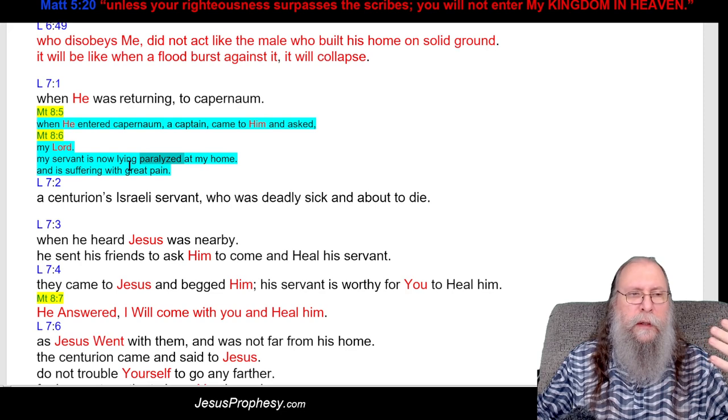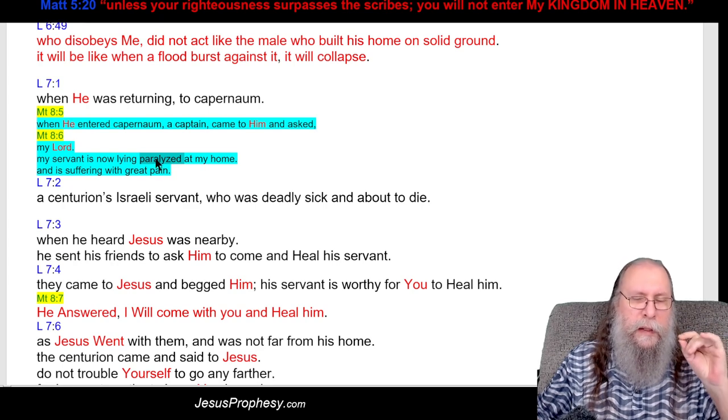And usually, see, when it's lying paralyzed at home, that's not saying that he's dying. Okay. So the thing here is it needs to be he's deadly sick and about to die. So here, in suffering and great pain.